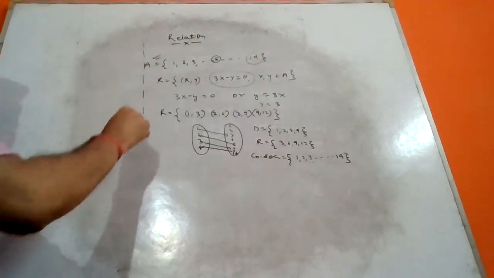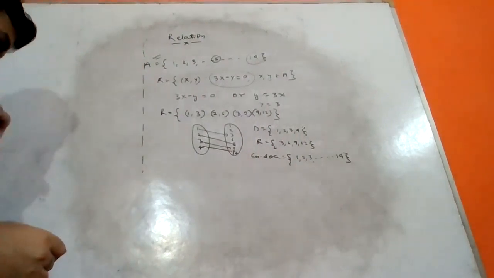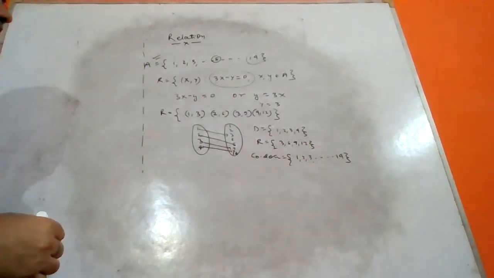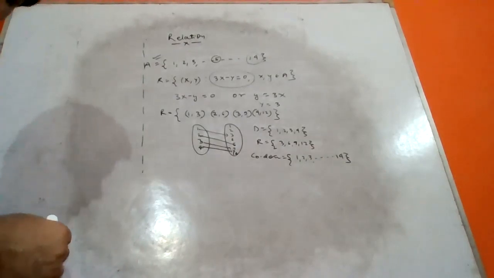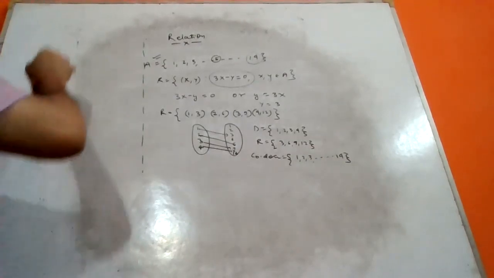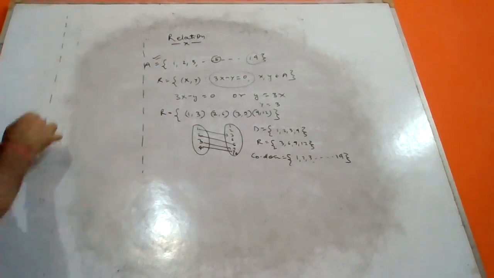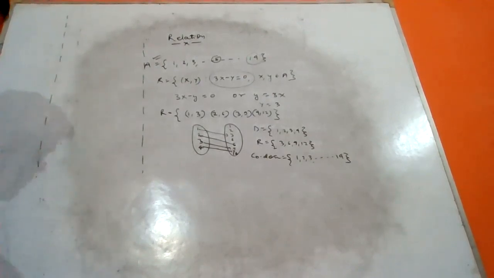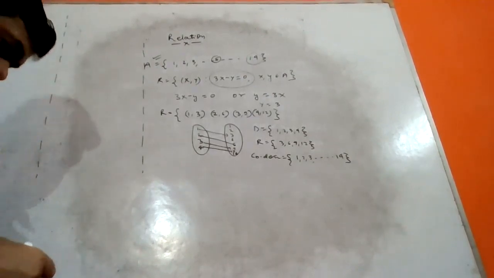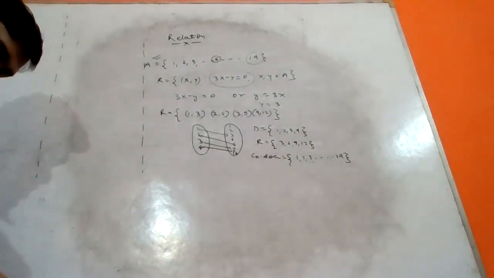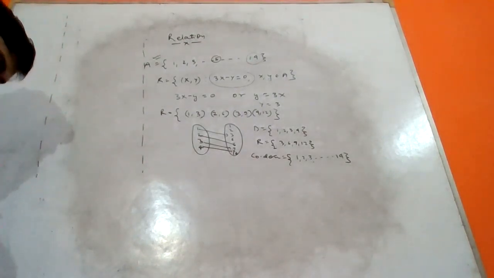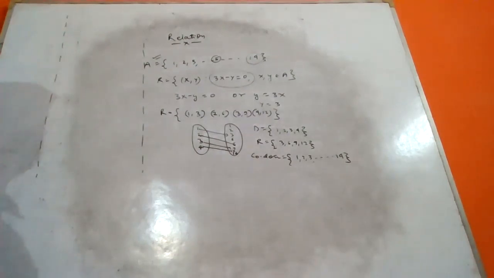Clear? So in this manner, we can calculate the values in terms of domain and codomain. These are the 5-marker questions when they ask to find the domain, codomain, range, and so on.